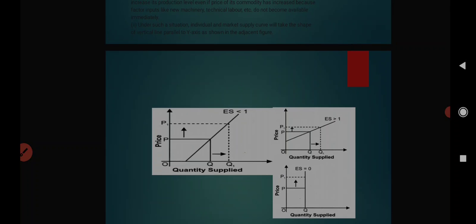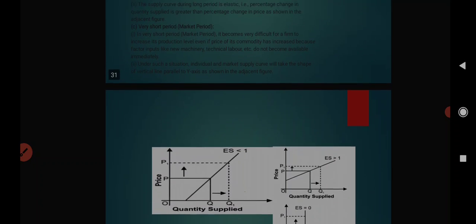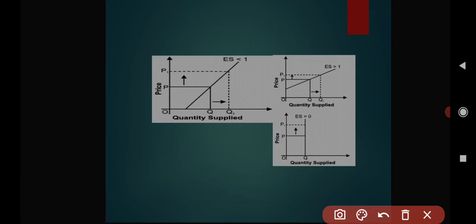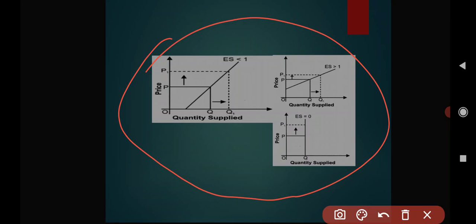So these are the curves which are showing the different types of elasticity of supply. That is, elasticity of supply is greater than 1, which is being shown in the diagram when the percentage change in supply is more than percentage change in price.